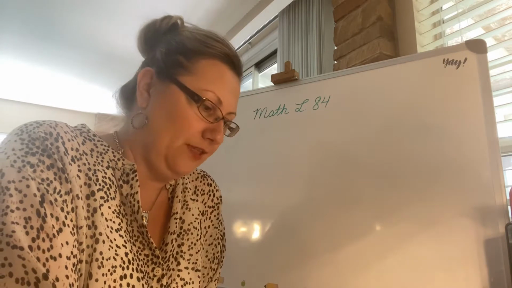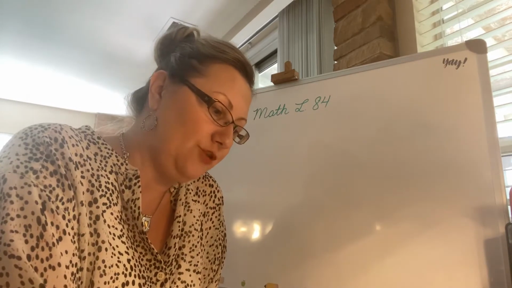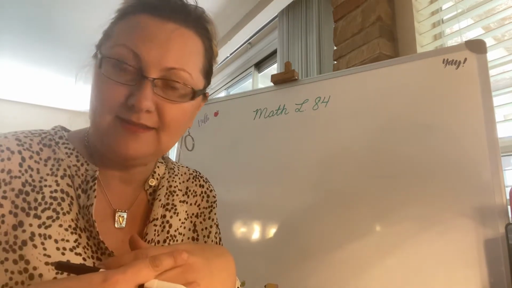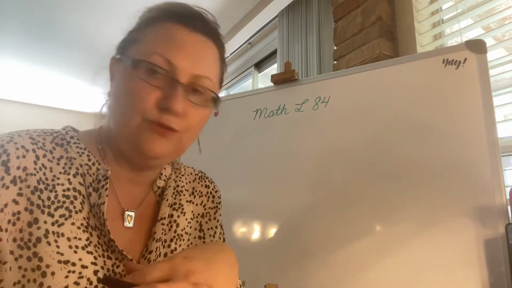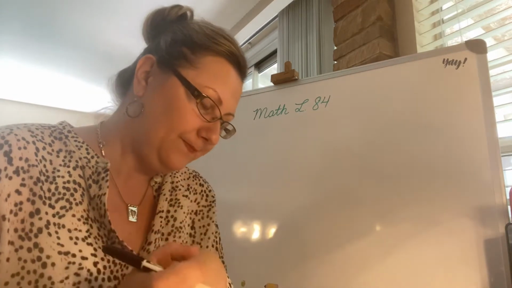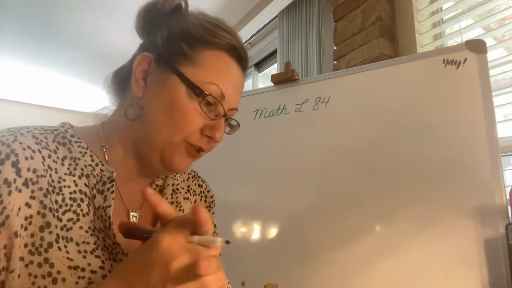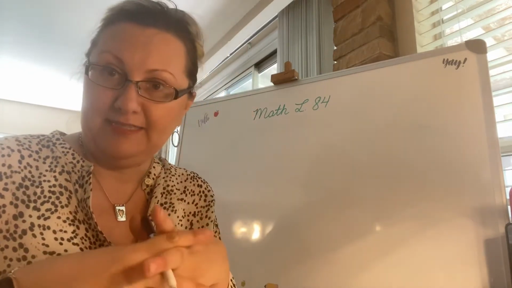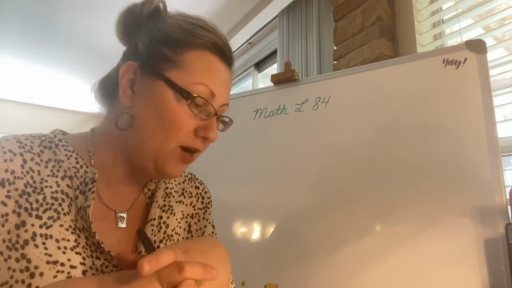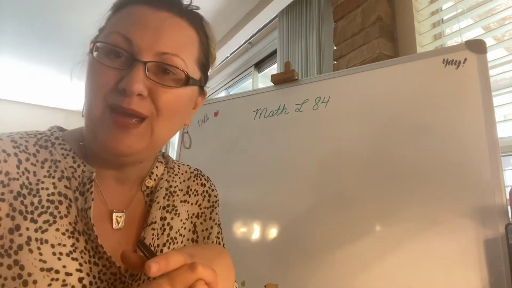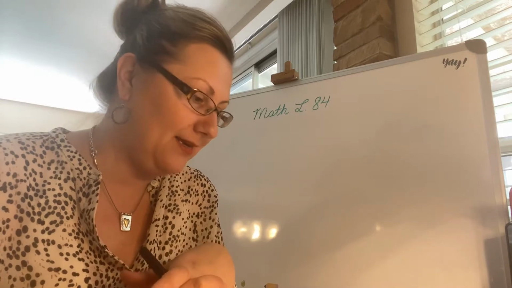All right, so it looks like we have to add the amount plus the sales tax, and then we have to do a little bit of subtracting from the $60 to see what the answer will be and how much change he should receive. Now, does this call for an estimation? It does not. It did not say about how much change should he receive, causing us to estimate it.